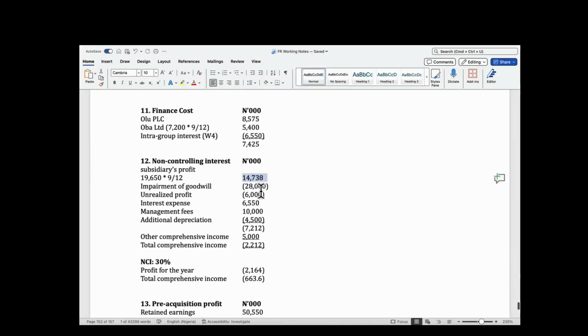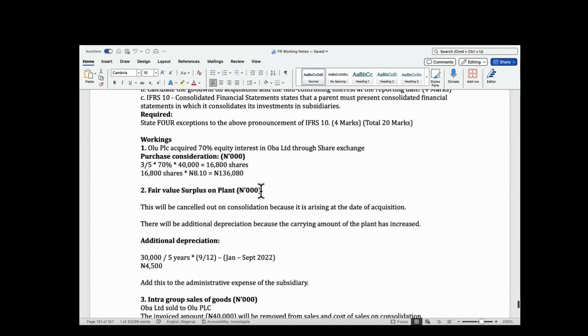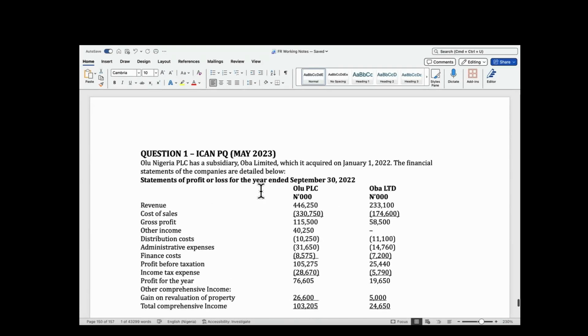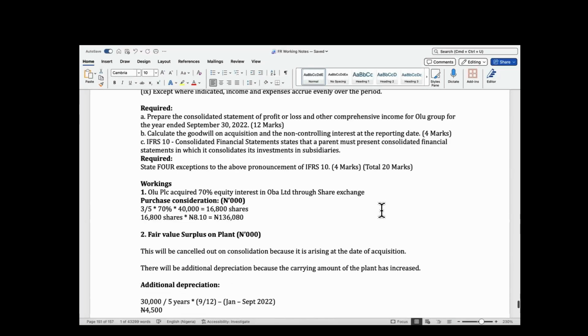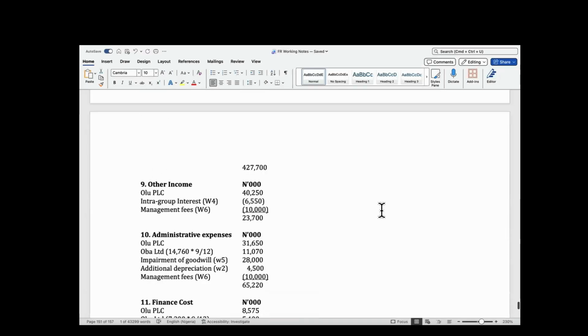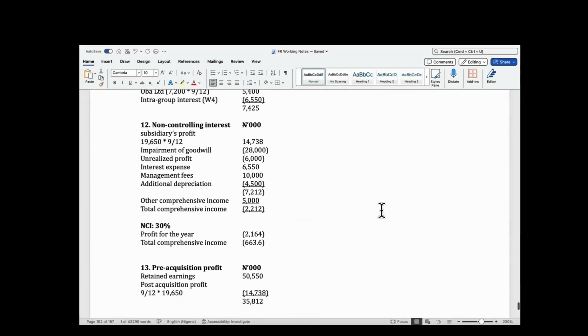So I got the subsidiary's profit. Where do I get it? From the question. It's 19,650. Okay. I took 9/12 of that because we acquired him in January. So 9/12 of this gives me this.